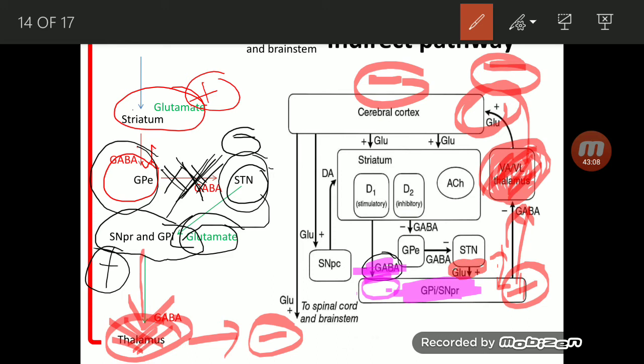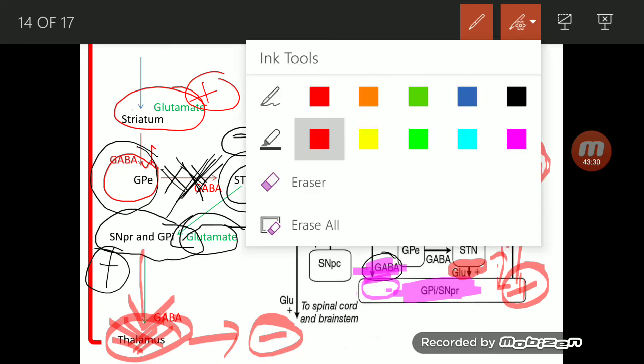Okay, so side by side, whenever I want to move my hand, say you want to move your hand right now, your brain is going to send a signal to your body to move. But whenever it enters into your striatum, it activates both your direct pathway and your indirect pathway simultaneously.